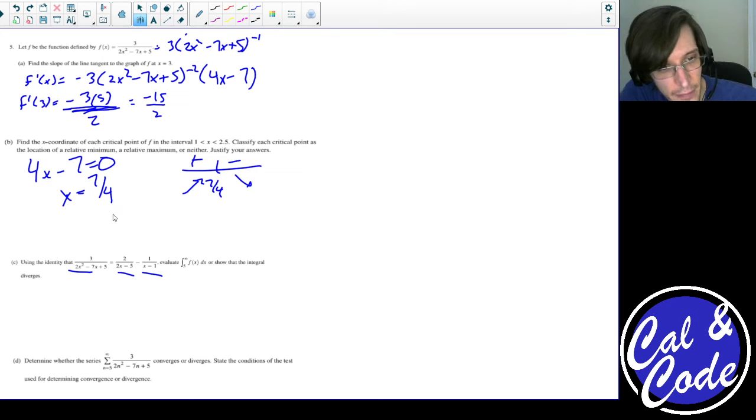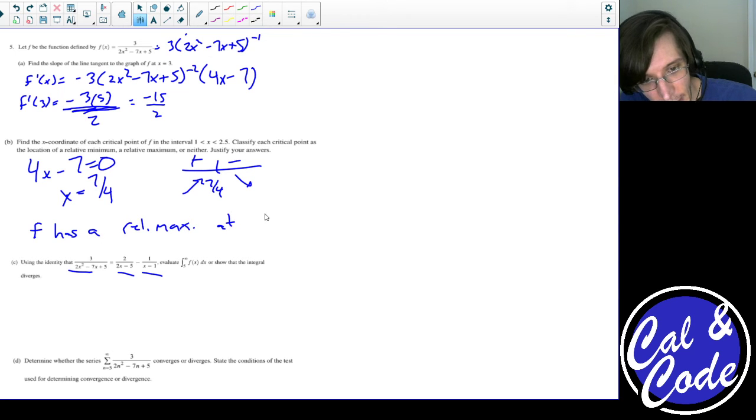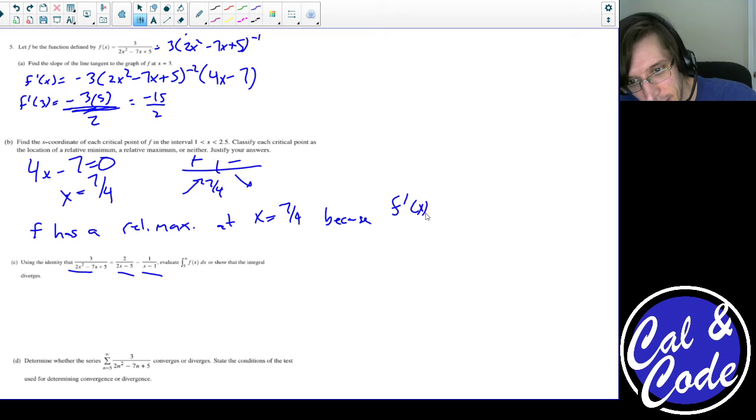I can say that f has a relative maximum at x equal to 7/4 because f prime of x changes from positive to negative at that value.